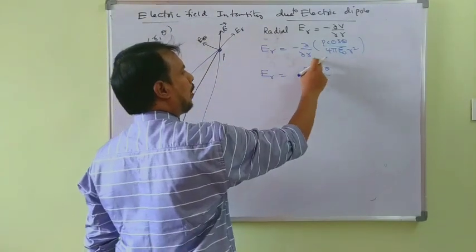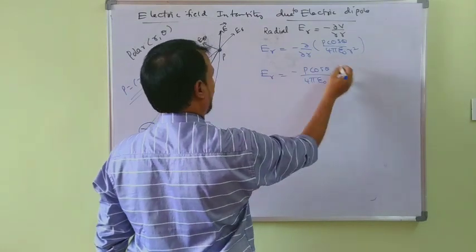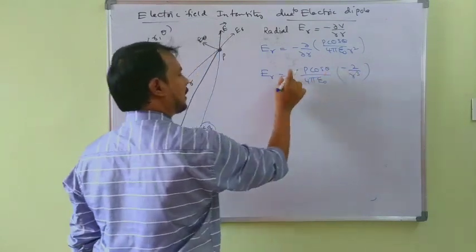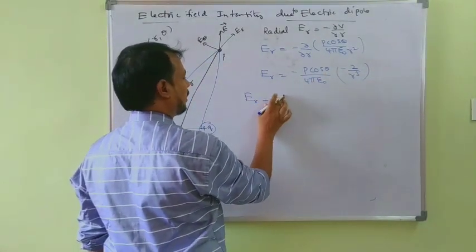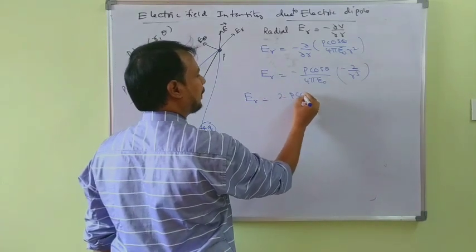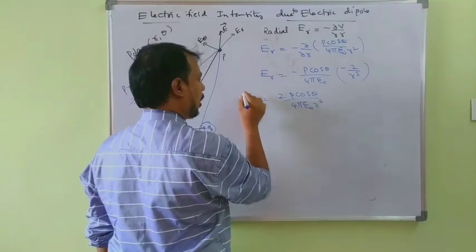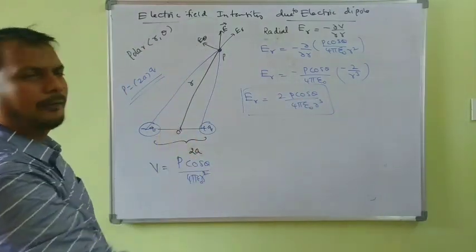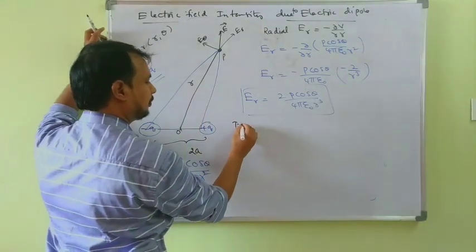Dou by dou R of 1 by R square gives minus 2 by R cube, and minus of minus becomes plus. So the radial component is 2P cos theta by 4 pi epsilon naught R cube. This is the radial component of the electric field. Now the transverse component.